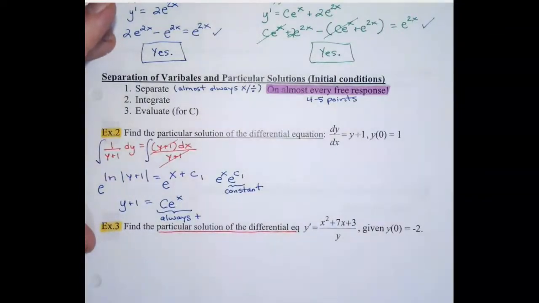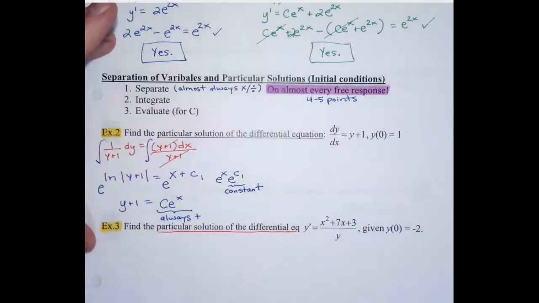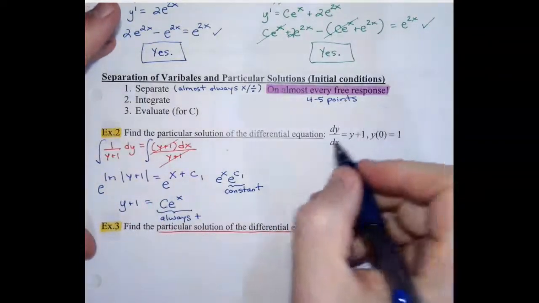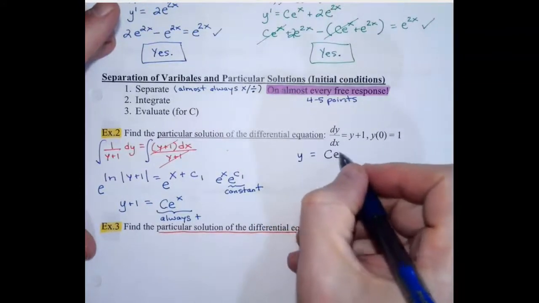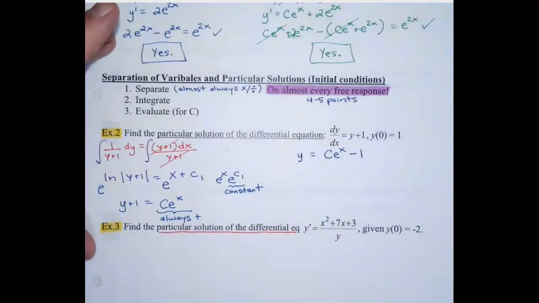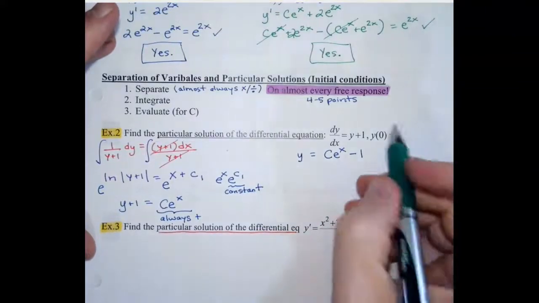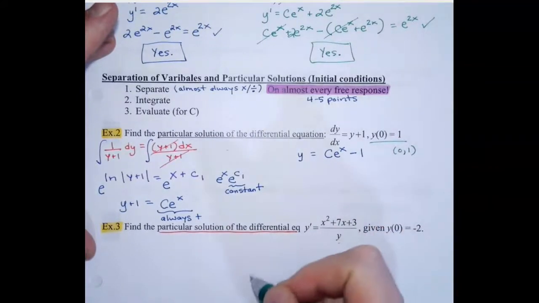Okay, and now we can move that around a little bit. Subtract 1 from both sides, so we'd have c e to the x minus 1. And then we could plug in the initial condition, so that's going to be 0, 1.